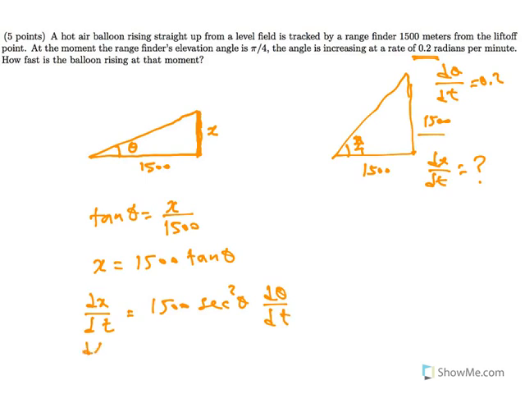Now we are looking for dx dt at theta equals pi over 4. Secant of pi over 4 is root 2, so you have 2 and 0.2. You do the calculation here, meters per minute is the answer.